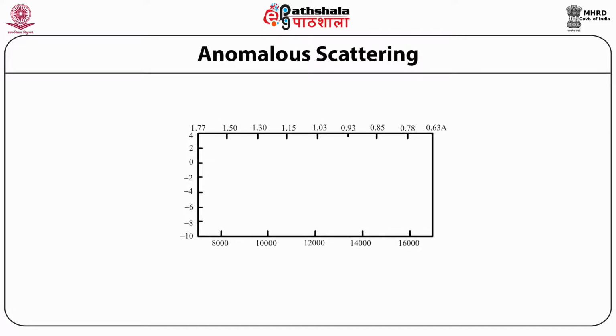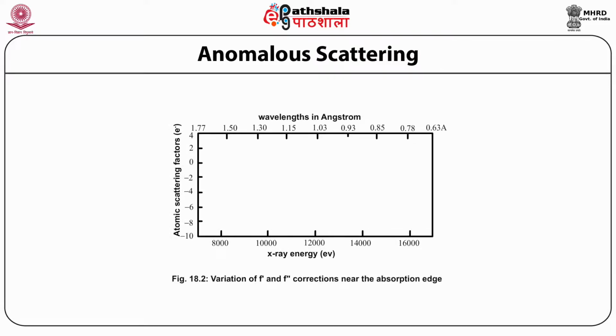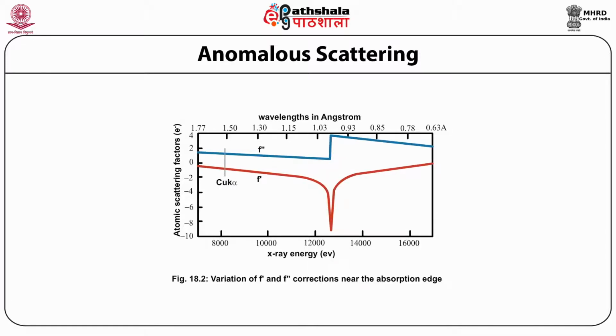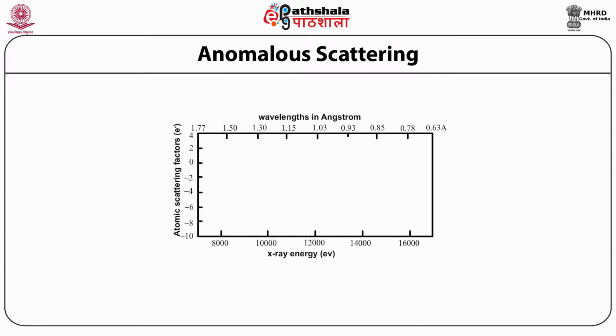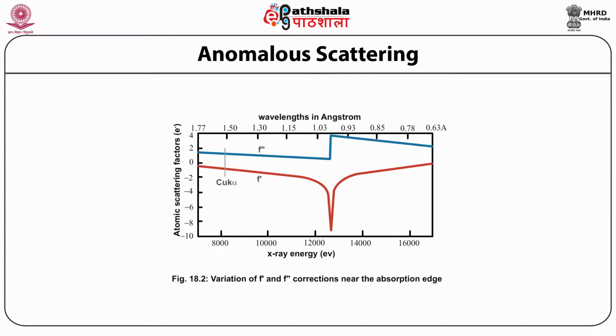Here we have two figures. The first figure tells you what all the wavelengths possible in the curve are: lambda 1, lambda 2, lambda 3, lambda 4, which we have discussed previously. Then it also shows the other figure 18.2, where the variation of f prime and f double prime corrections near the absorption edge are detailed.